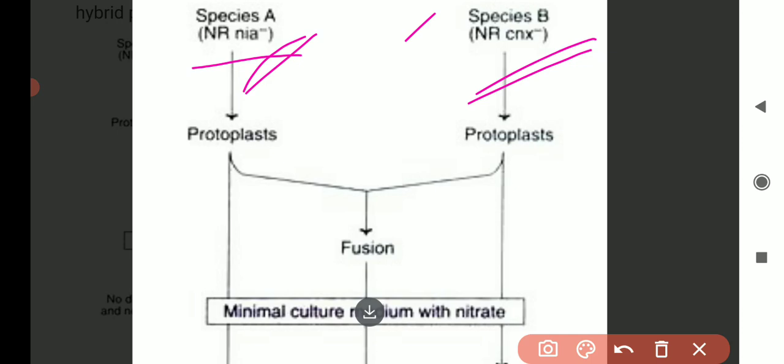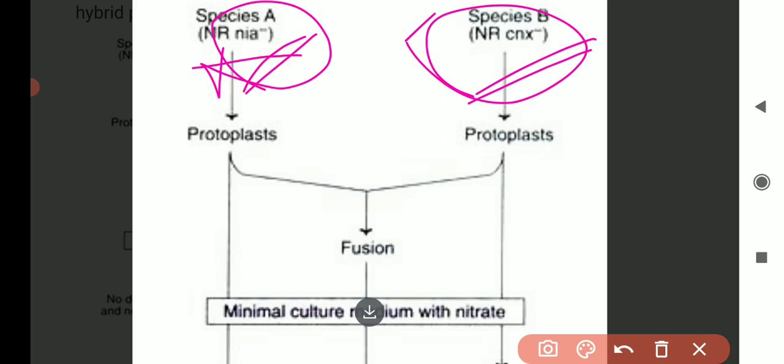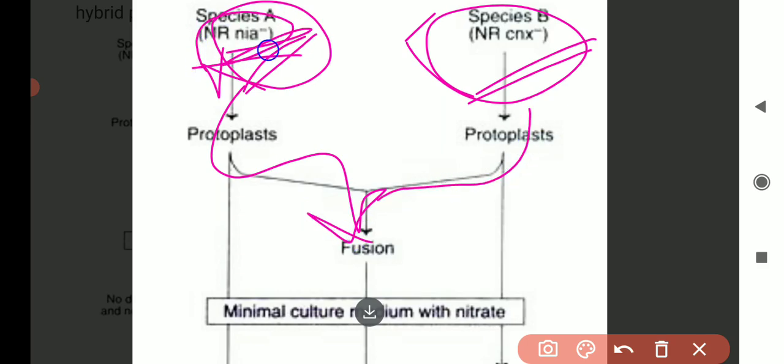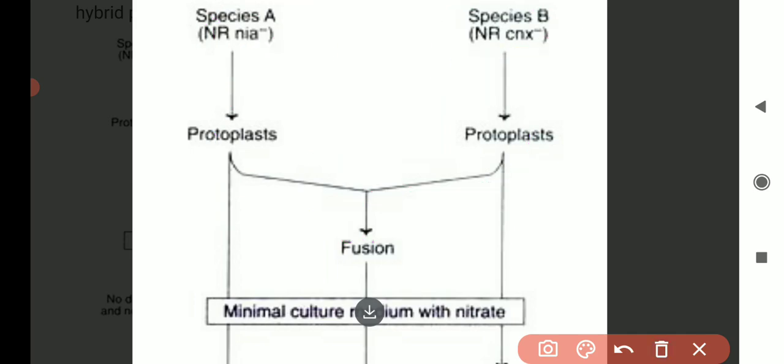On fusion of these, both of these are abnormal. They cannot grow with nitrate as the only source. But if you fuse them, here this one is deficient in NIA. This one is not deficient in NIA. Let me explain again.